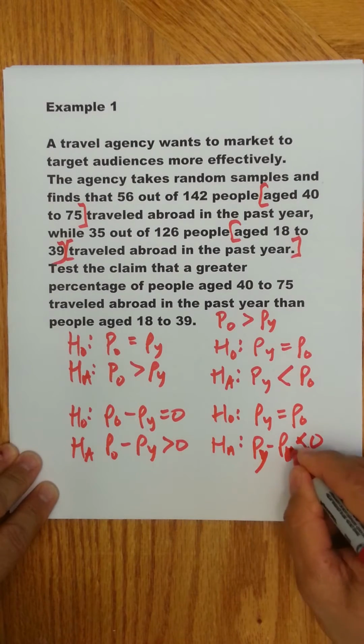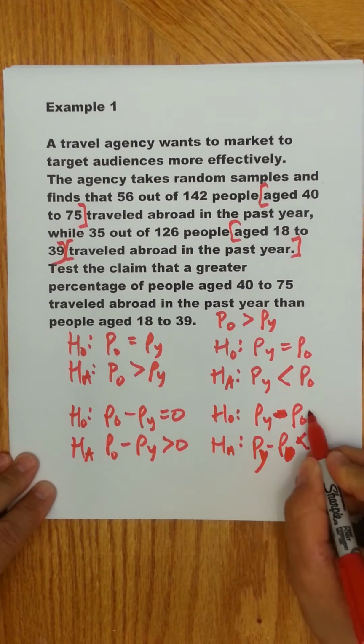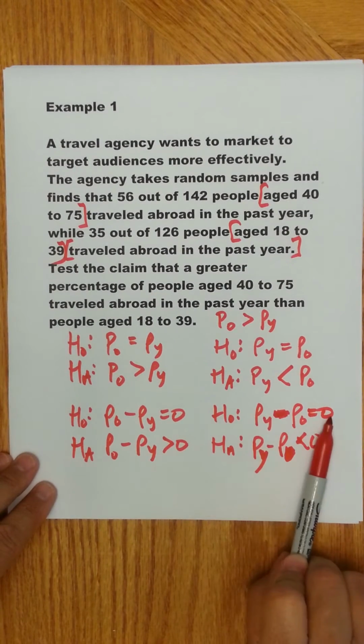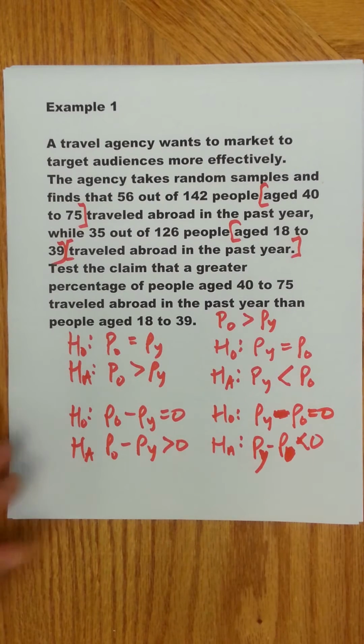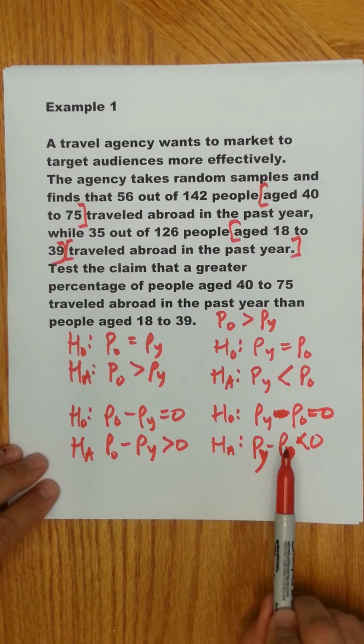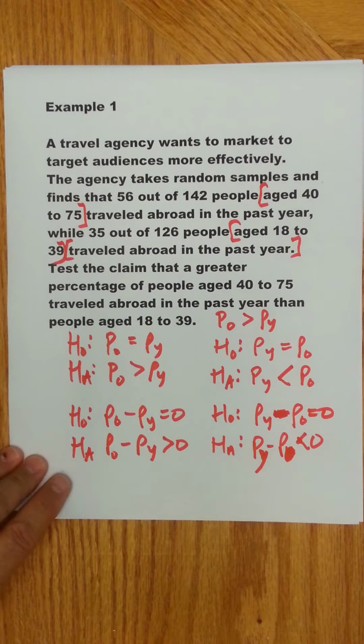Sorry about that. That's Y and that's O. So here you're saying, oh, and this should be a difference. Sorry about that. So you're saying that the difference is 0 because the two population proportions are the same, or that the difference is negative because the first quantity is smaller than the second. All right? So that's example 1.